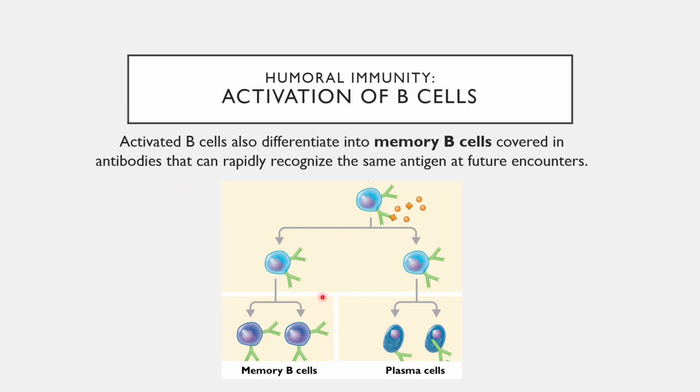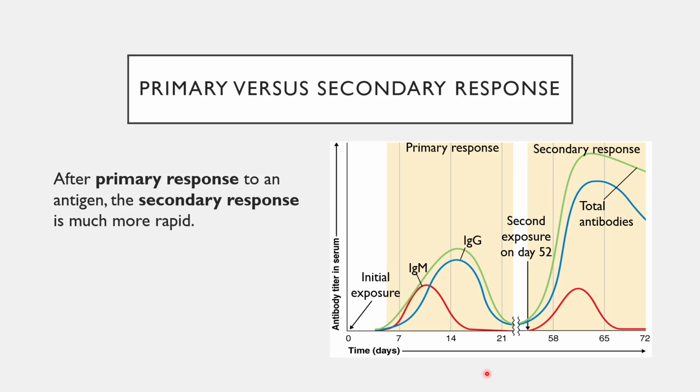So this is key to our immunological memory and our ability to ward off infections that we have already encountered. This is why our secondary encounter or secondary response to a pathogen is much more effective, and we can achieve immunity to certain pathogens after we've been infected with them once.